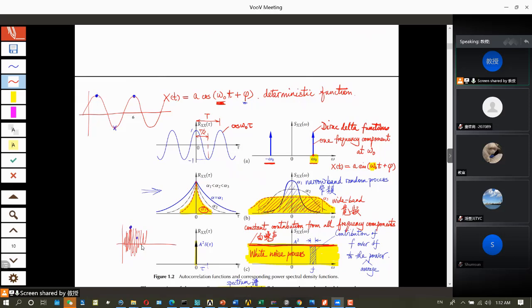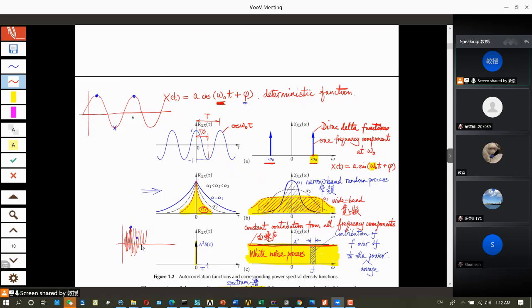Then we have exponentially correlated random processes in the second diagram. In this case, the correlation function decays exponentially.